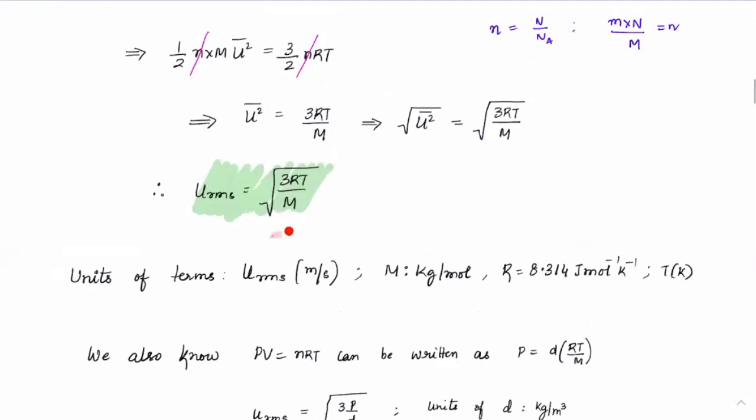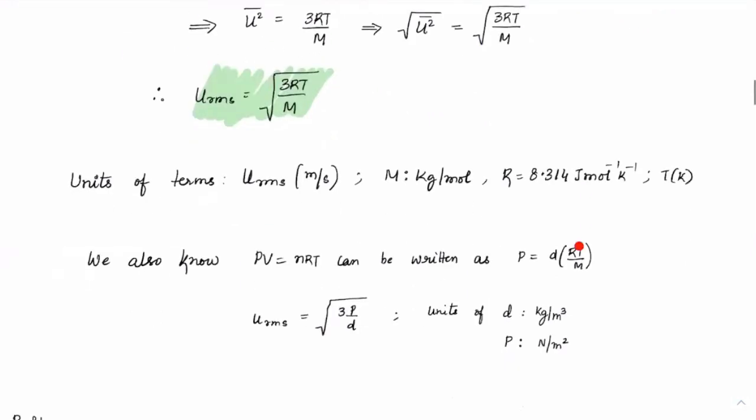URMS can also be written in terms of pressure and density this way, because PV is equal to nRT. I can write it as PM is equal to dRT. So this RT by M can also be replaced by P by d. So URMS can be written as root of 3 times P by d. Okay.